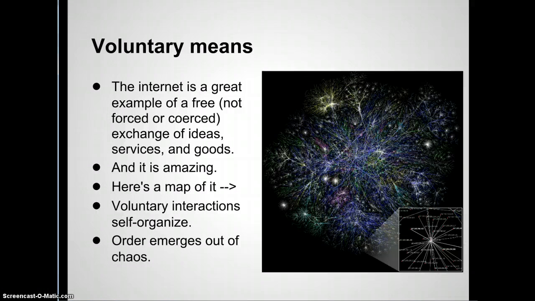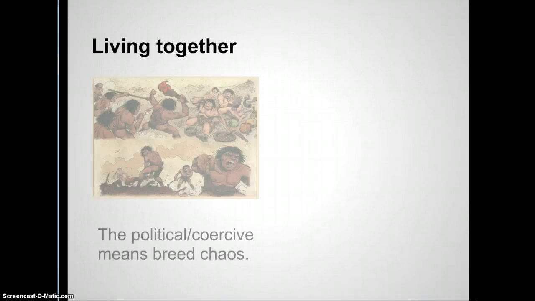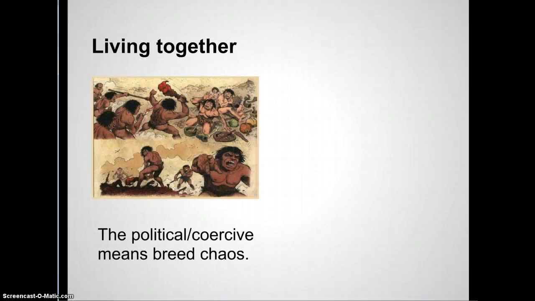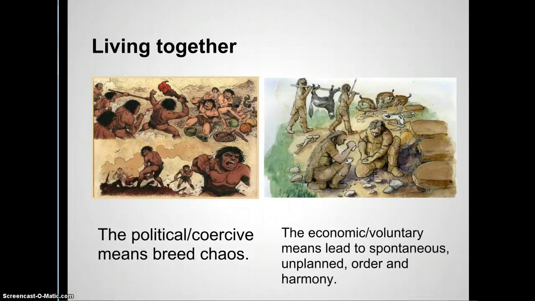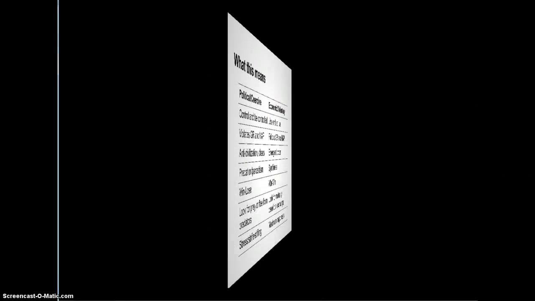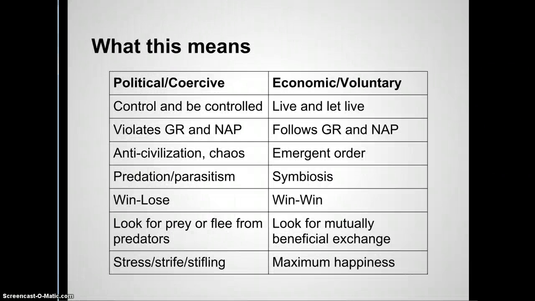Voluntary interactions self-organize. Order emerges out of chaos. The political, coercive means breed chaos. The economic, voluntary means lead to spontaneous, unplanned order and harmony. So what will it be? You can choose the political, coercive means or the economic, voluntary means. Control and be controlled under the political means, or live and let live under the economic means.